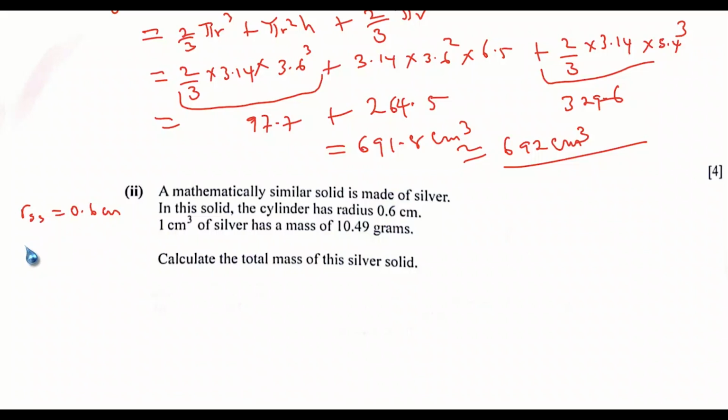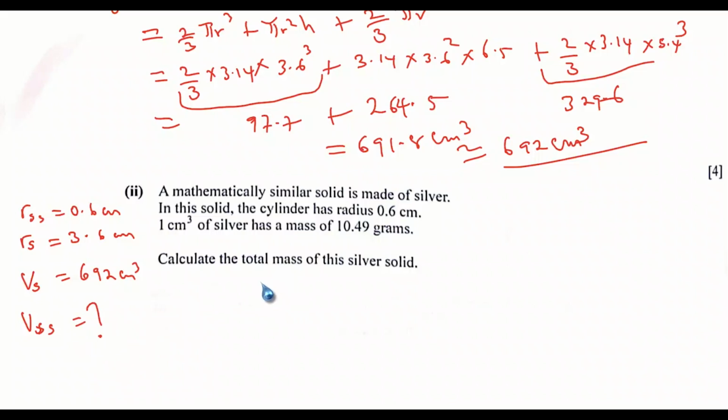Whereas we know that the radius of the cylinder of the initial solid is 3.6 centimeters, and the volume of the solid, Vs, is 692 centimeter cube. So we can get the volume of the silver solid, VSS. This is what we want to get.